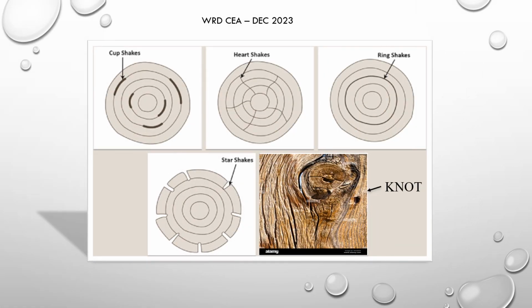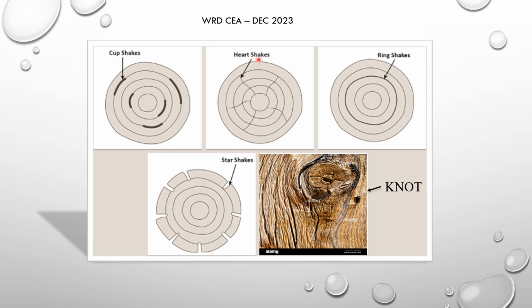Here, these are the figures related to the defects in timber. First is a cup shake, which is a partial split of timber due to the shrinkage of timber or uneven growth of timber. Similarly, ring shakes. A ring shake is a complete split of timber due to uneven growth or due to shrinkage of timber.